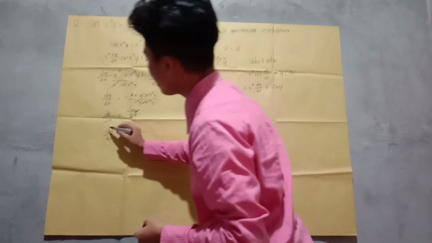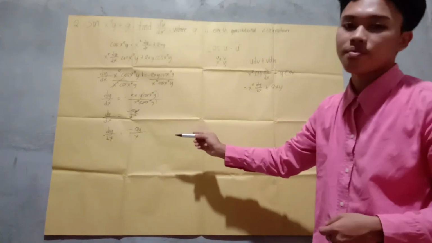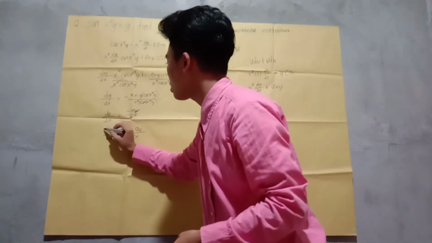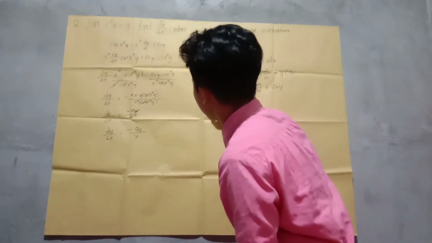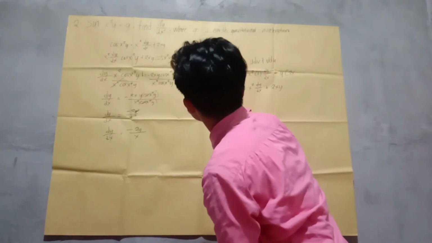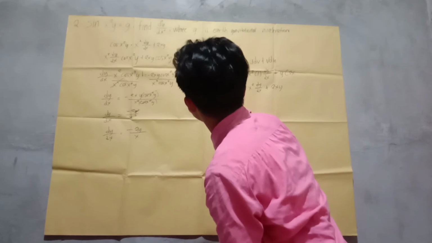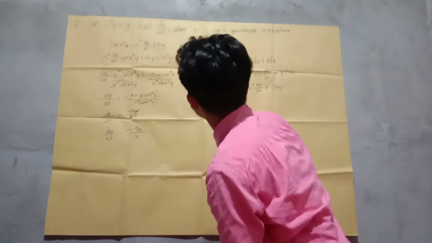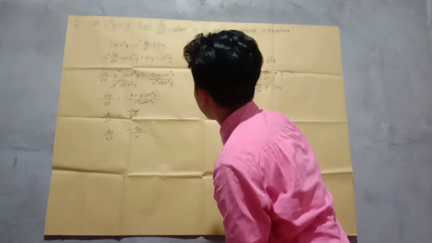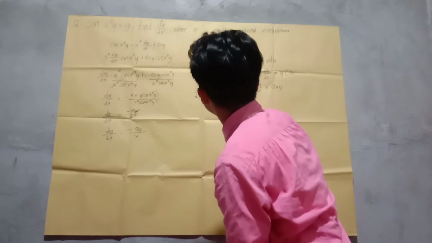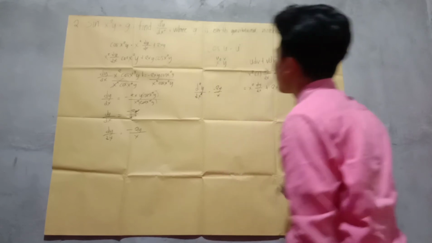So this is our first derivative. Now we're going to our second derivative: the second derivative of y with respect to x, where dy over dx is negative 2y over x.